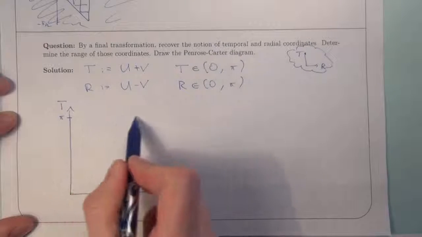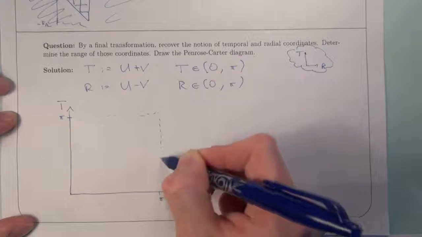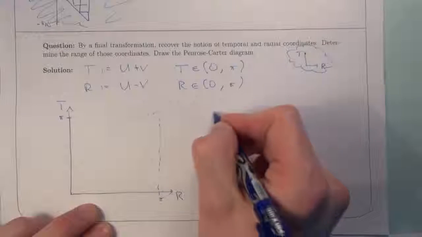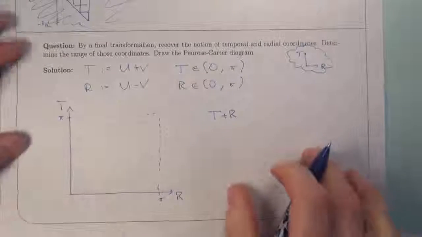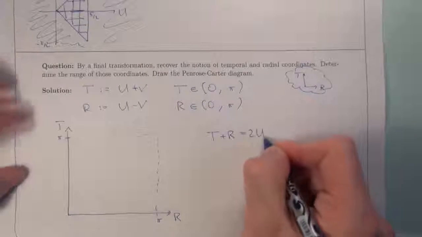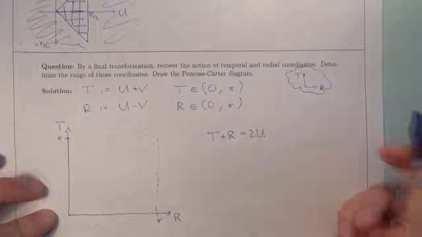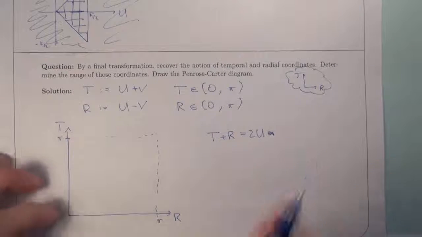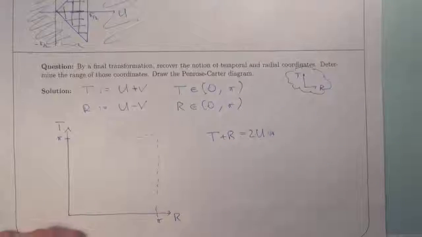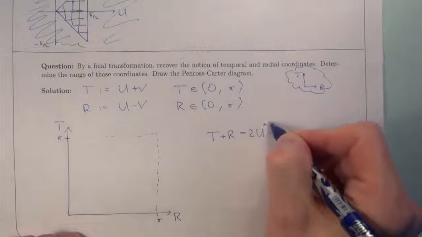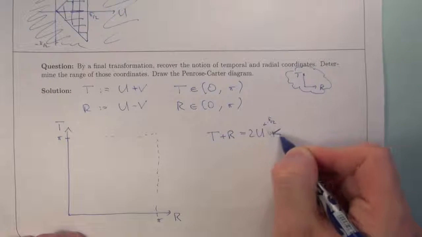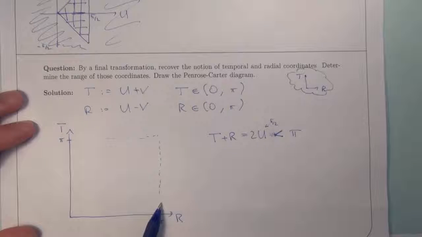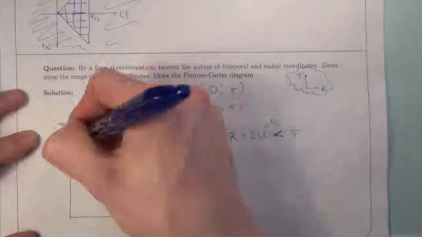And we basically could have everything that's in here, but of course there are more conditions. That is, for example, if we look at t plus r. What is that? This is twice u, just using the definition here, and we have seen that u is smaller than pi half, therefore twice u is smaller than pi. What that means is, adding these both up must be smaller than pi.